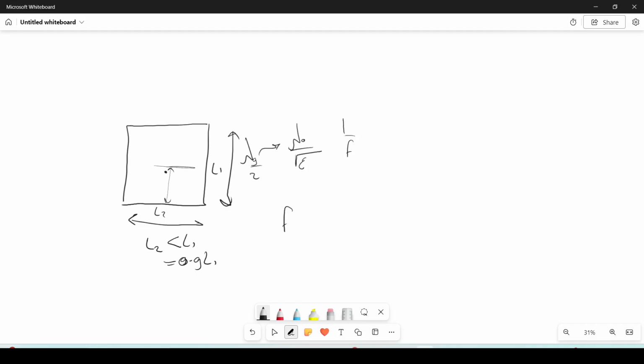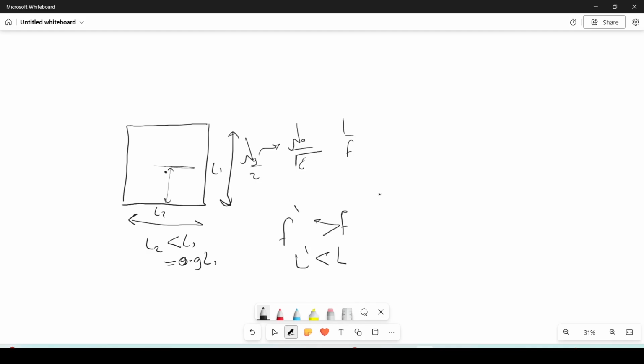For example, if I want to scale to frequency F prime, which is larger than F, I'm expecting that my antenna will be smaller: L prime should be smaller than L by the same ratio.